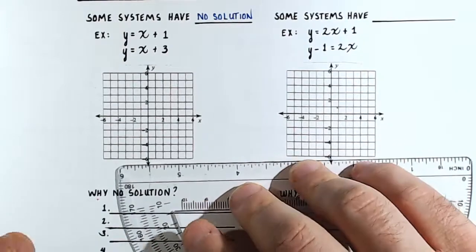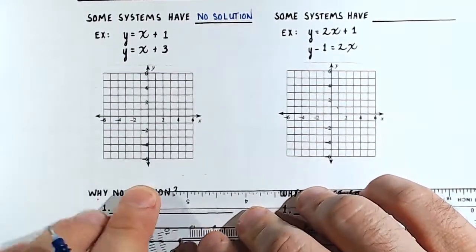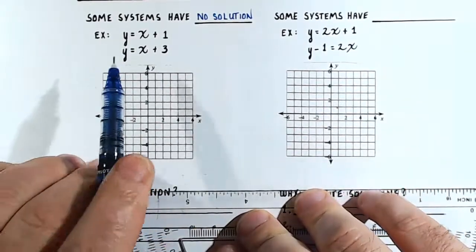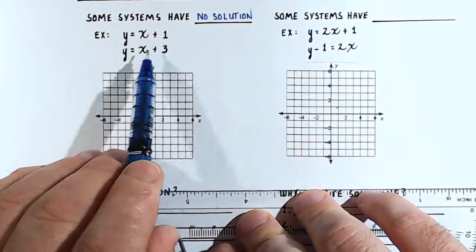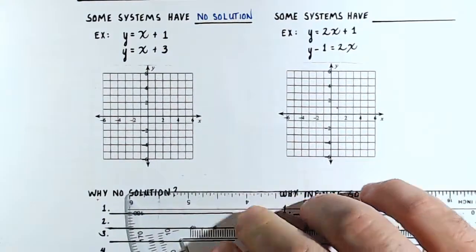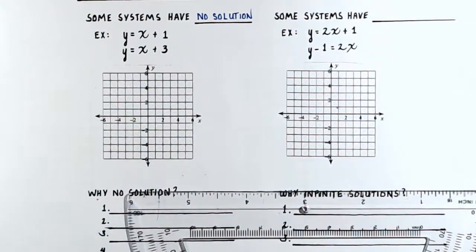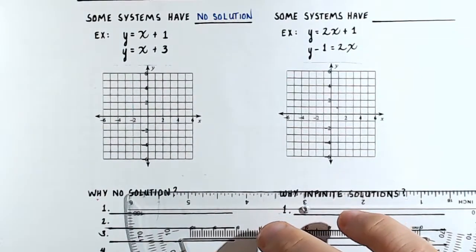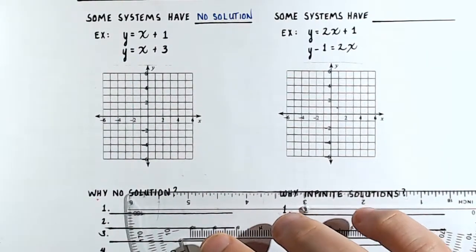Okay, let's see what that might look like before we talk about the why. Here I've got 2 equations. These are both in slope-intercept form, so I can graph. Thumbs up on that. I need to identify the slope and the y-intercept of each of these.